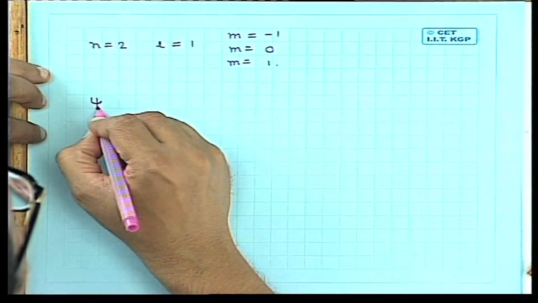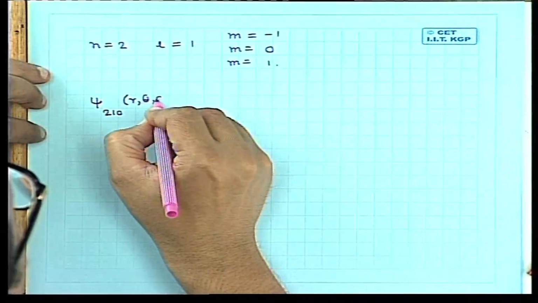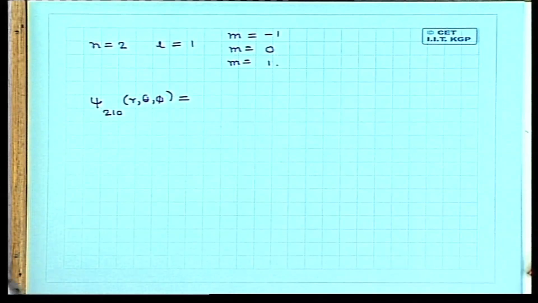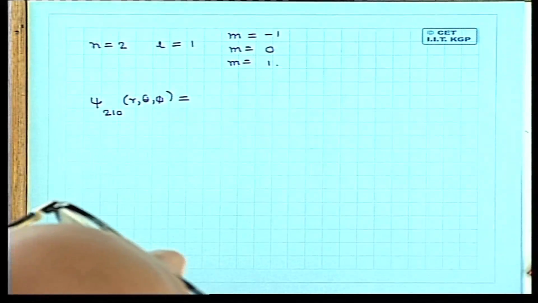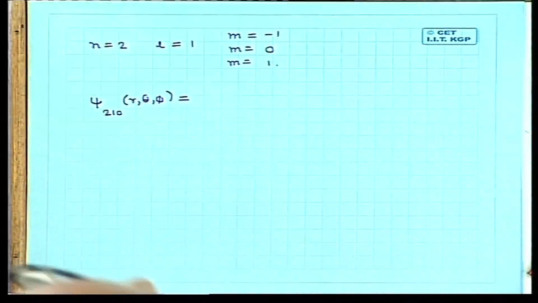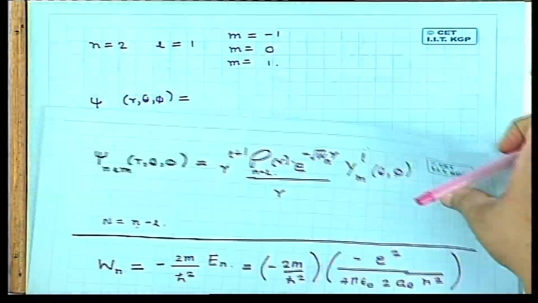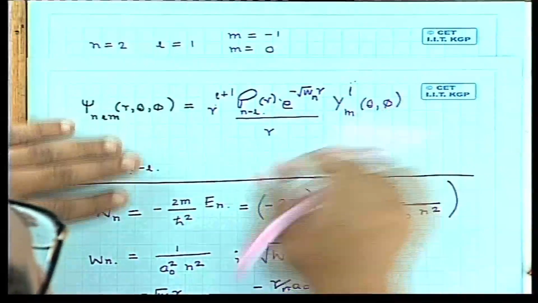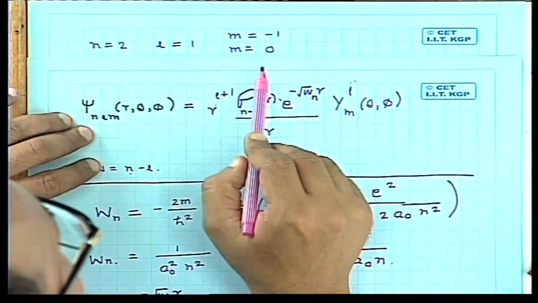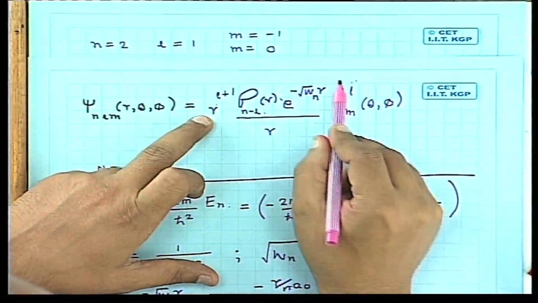So psi 2, 1, m of r, theta, phi is equal to... so let us now put in the forms here. So now we are dealing with the case when n is equal to 2, L is equal to 1, and m can have all these values. The value of m doesn't matter as far as this is concerned, so we can just leave it here.